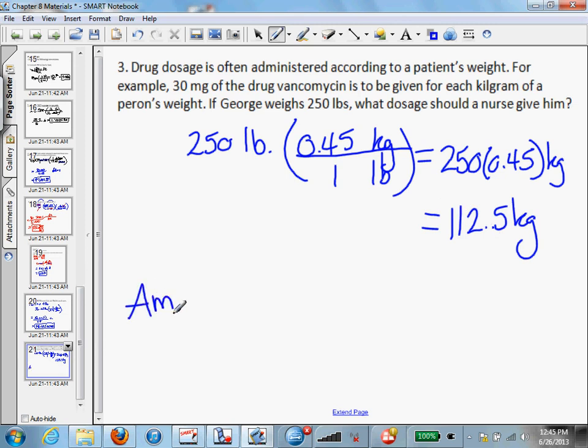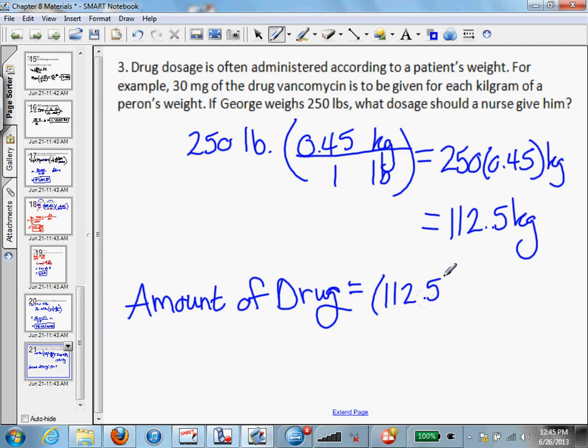So the amount of the drug will be the kilograms we just found times the dosage we were given in the problem, which is 30 milligrams, and we want to give them in kilograms.